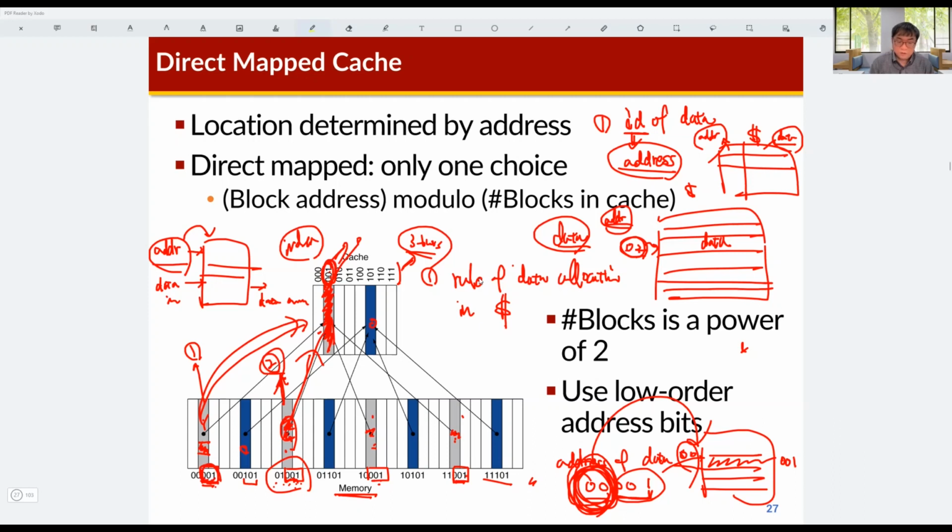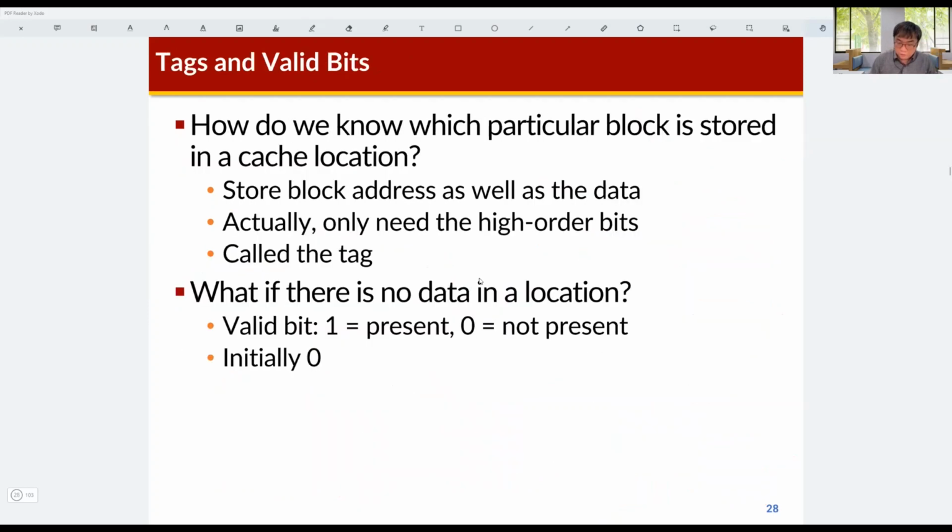It's like 001, 001, 001. That means the index number of the cache is identical to the lower part of the address. So this is the direct mapped cache.